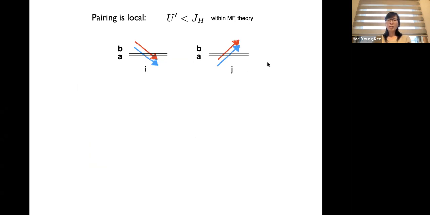Of course, this is local, but this system is a metal, so we have a lot of hopping coming in, and the system will form a band. Let's say I have some set of hoppings t, which can hop from A orbital to A orbital, or B to B, or A and B can also mix, because orbitals are not conserved.